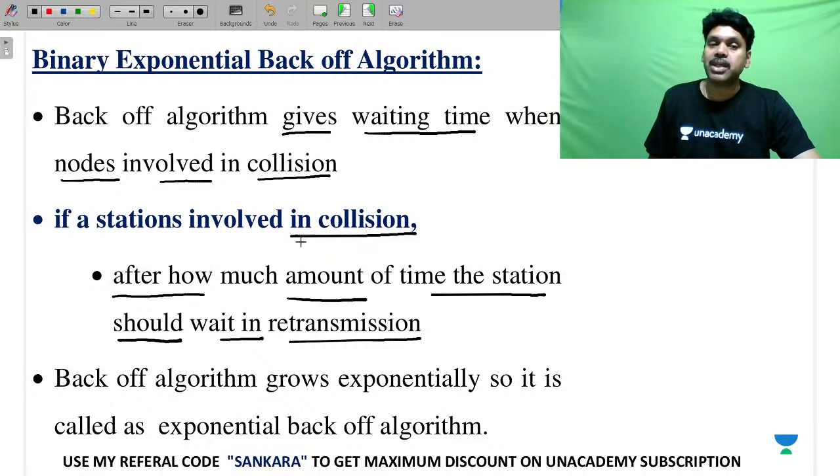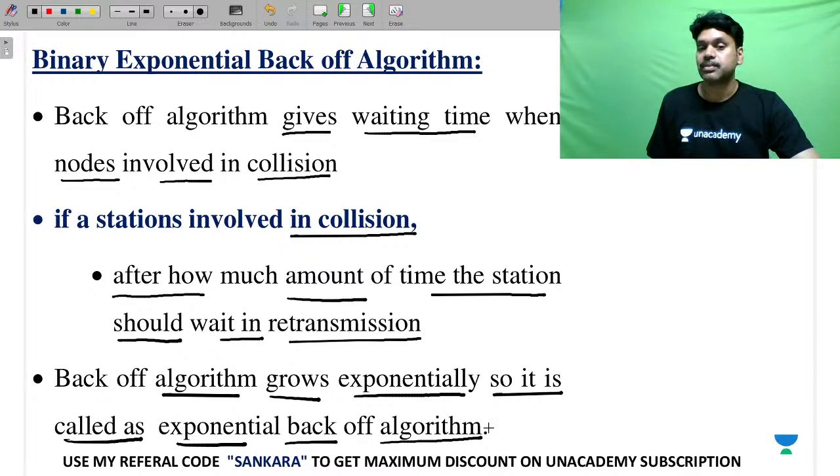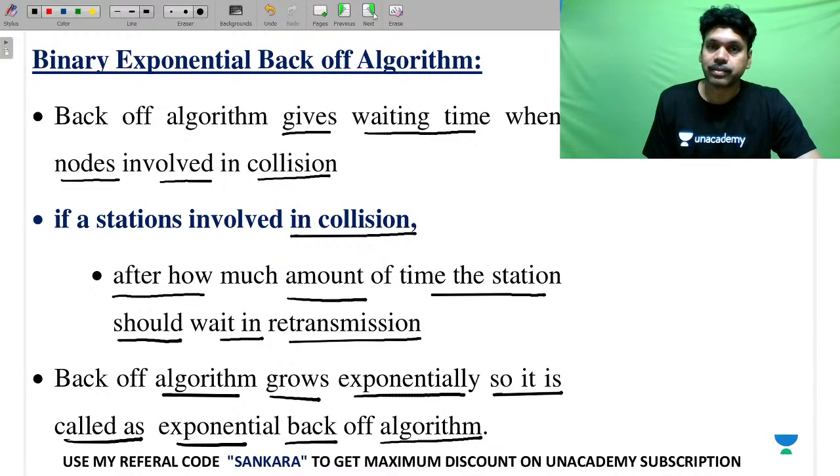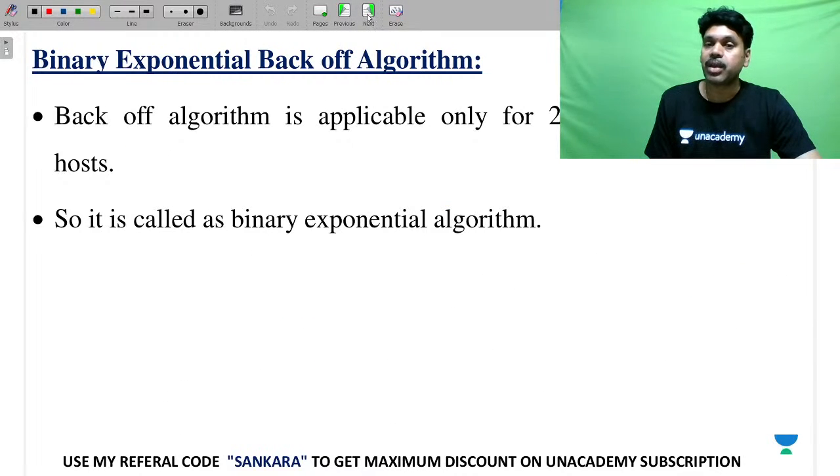How much time is decided by the Backoff algorithm. The Backoff time grows exponentially, so it is called the exponential Backoff algorithm. So how is this algorithm going to work? What are its advantages? What are its disadvantages? We will see.